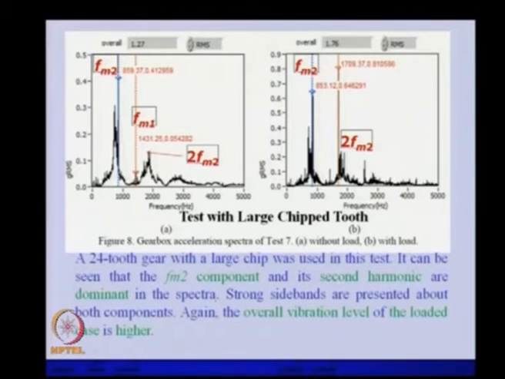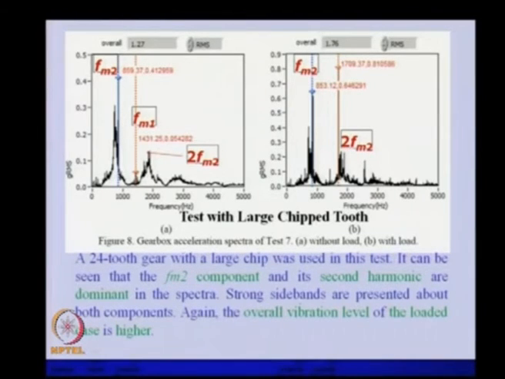That means this is FM2, this is the second harmonic, and this is the first harmonic of FM2. So, they are predominant. FM1 is not that predominant here, and strong sidebands are present about both components. Sidebands are also there, we will see the zoom view of this also.